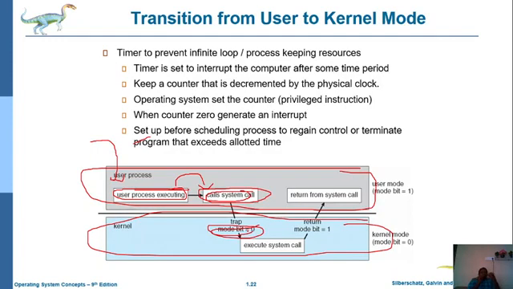If the mode bit is other than 0, it waits until it becomes 0. What does the mode bit mean? It tells whether the kernel mode is currently running any instruction or not. If it is currently running a process, the mode bit value is 1. If it is not running any process, the mode bit value is 0. So the kernel is either busy or idle: if busy, then 1; if idle, then 0.